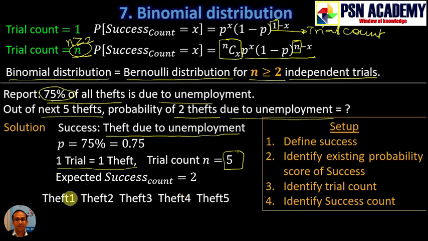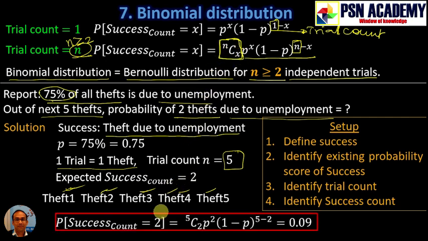Now the thefts can be here and here, in these 2 cases, or 1 and 3, or 1 and 4, or 2 and 5, or 3 and 4, like that. So there are many ways the 2 thefts which are due to unemployment may occur. For that reason, NCX is working here. N choose X. So P of success count equal to 2 is 5C2, because 5 thefts are there.